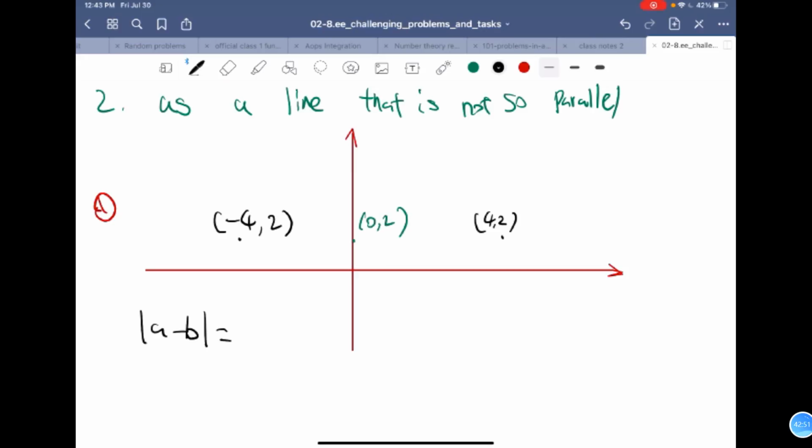It doesn't matter. It's either A minus B or B minus A, depending on which one's bigger. If A is bigger, it's A minus B. If B is bigger, it's B minus A.